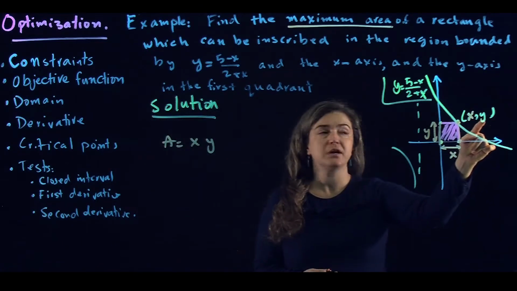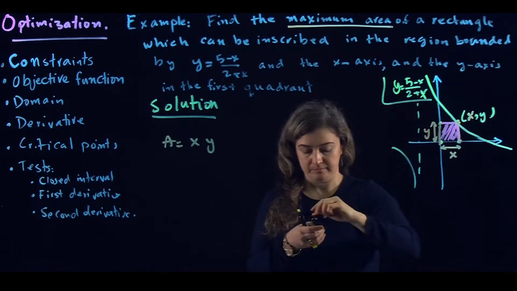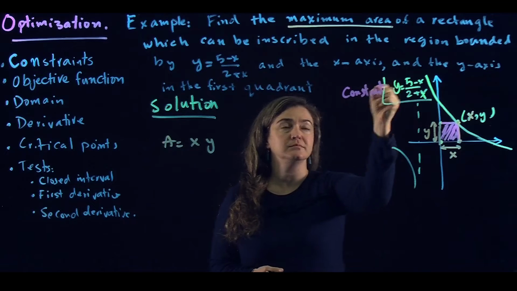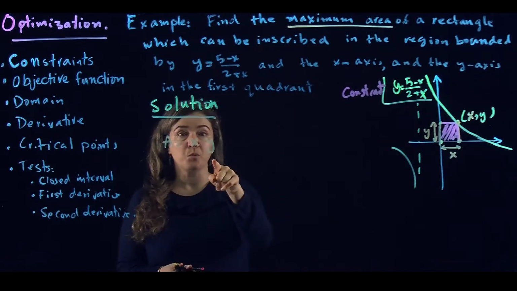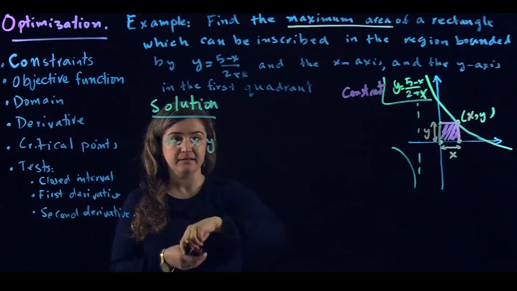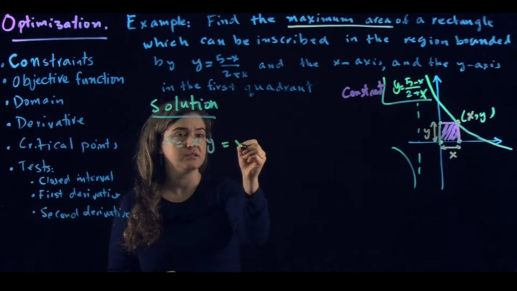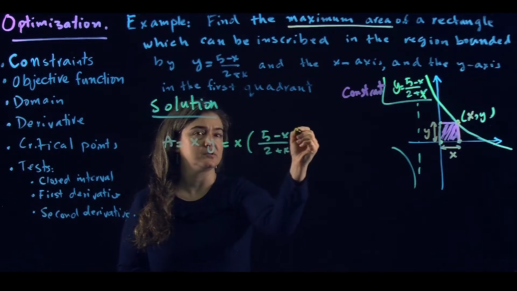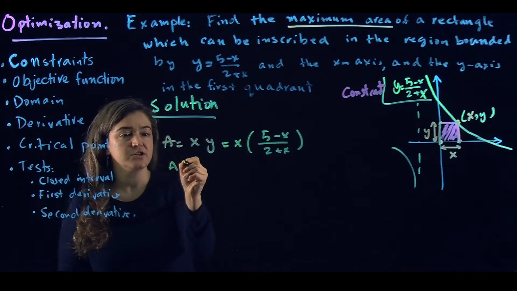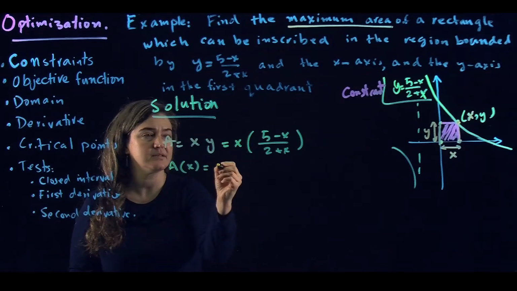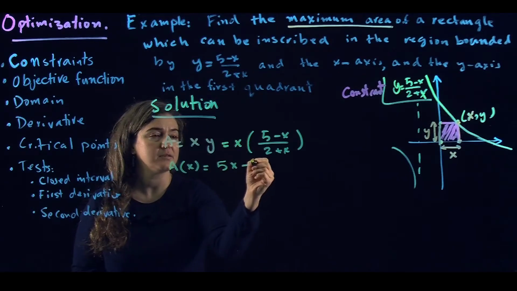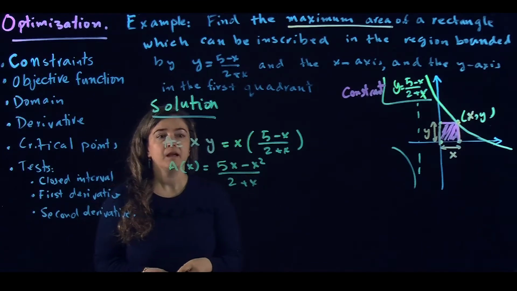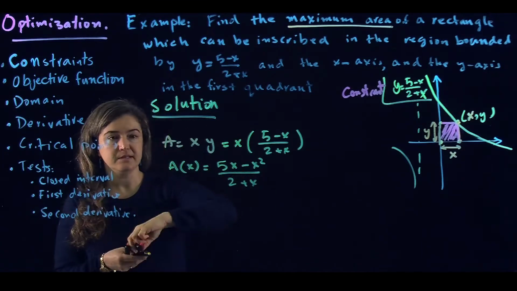But I can use the constraint to solve for y and replace in the function. So area function of x is (5x minus x squared) divided by (2 plus x). This is the objective.